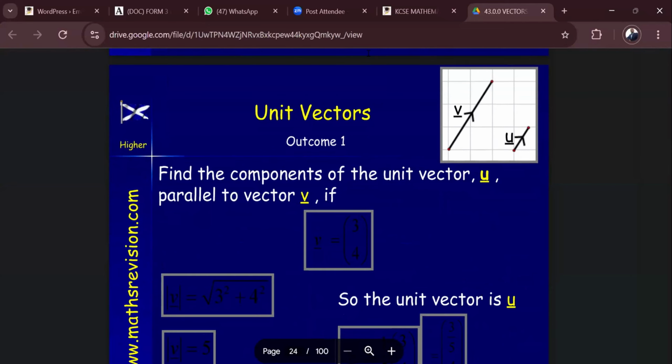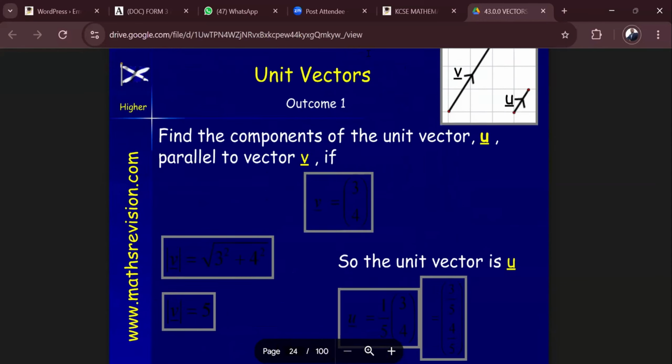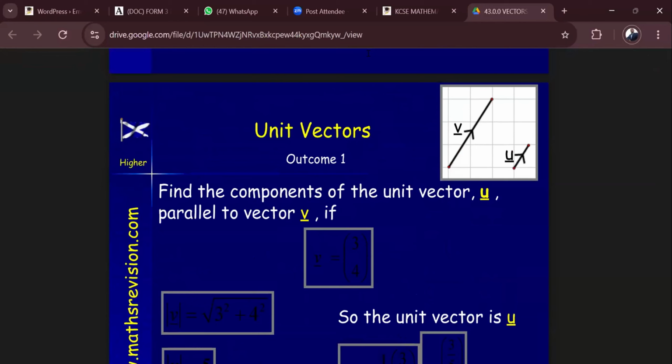When we talk about a unit vector, we are now bringing the issue of component position vectors here. Somebody had asked that question before, and you'll see how it comes in. If u is one unit, then how many times does u go into v? If it's 3, v should be 3u.